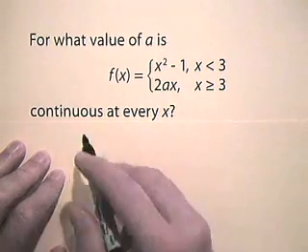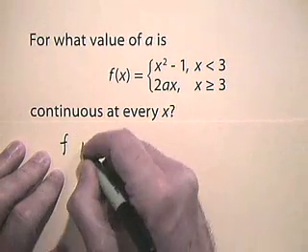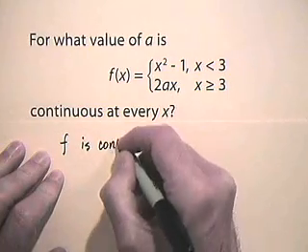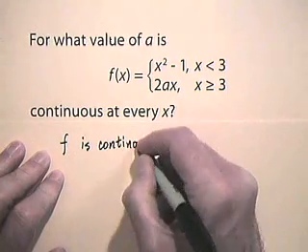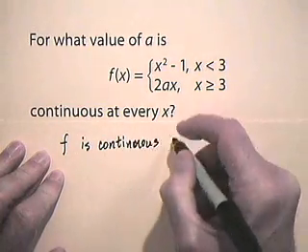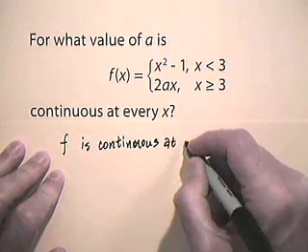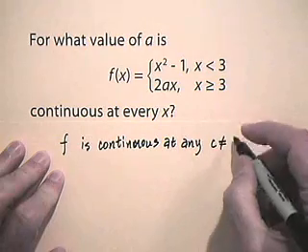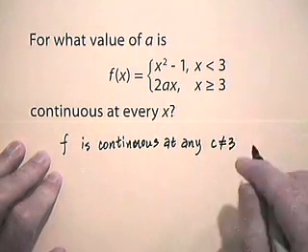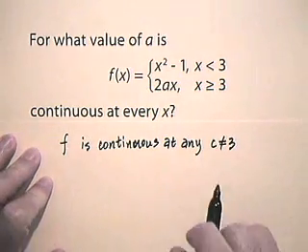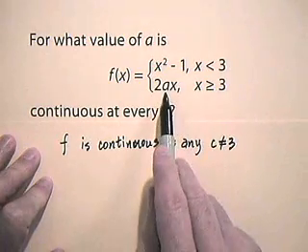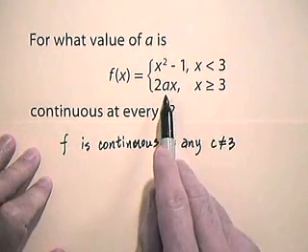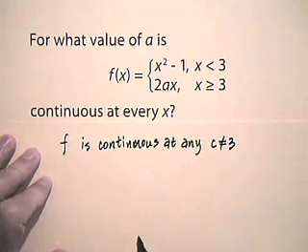So right off, I know f is continuous at any c not equal to 3. And so our problem is to examine how to choose a so that we get continuity at x equals 3.